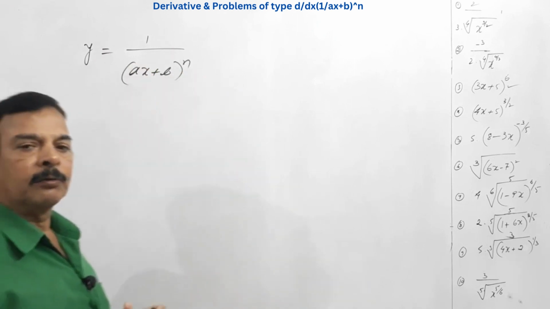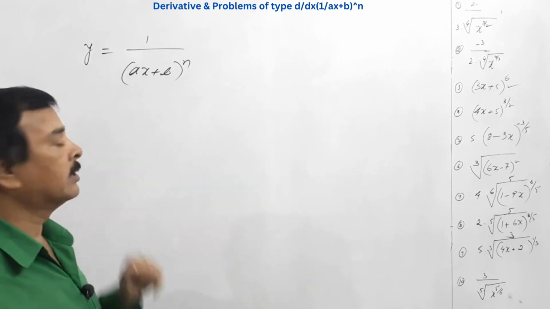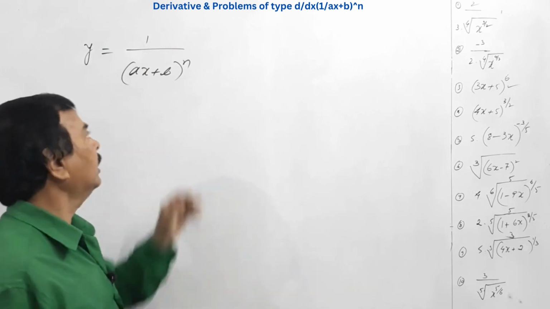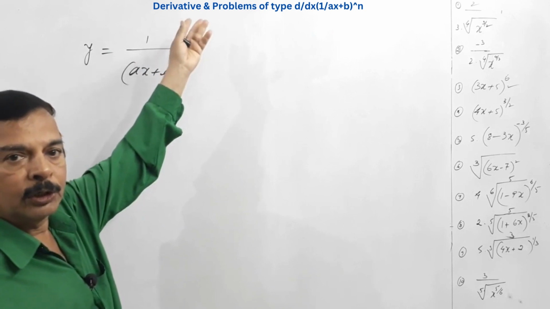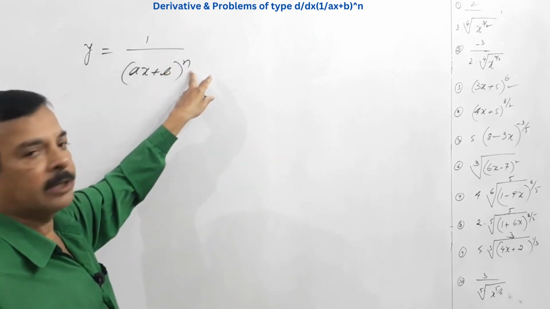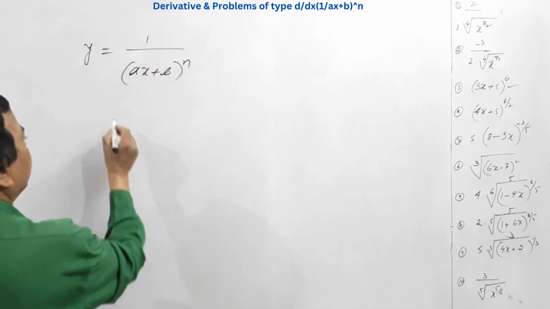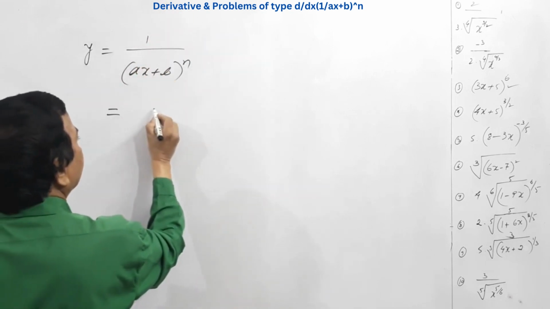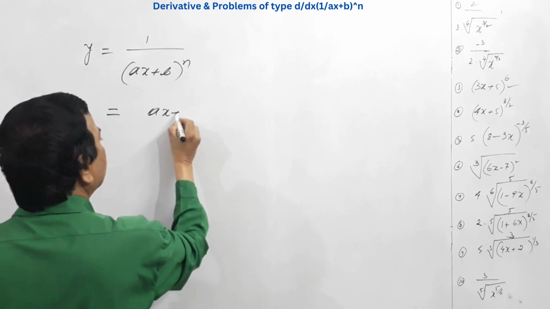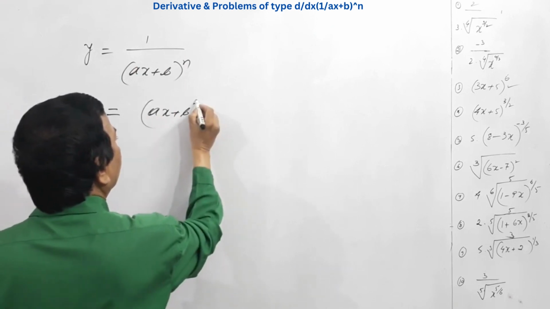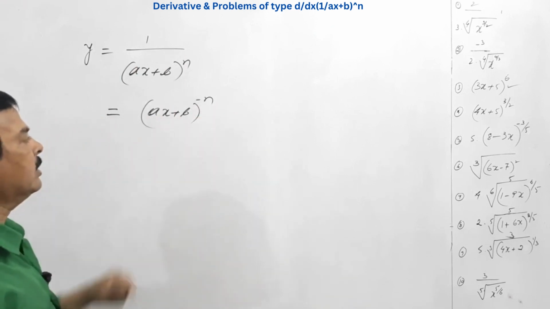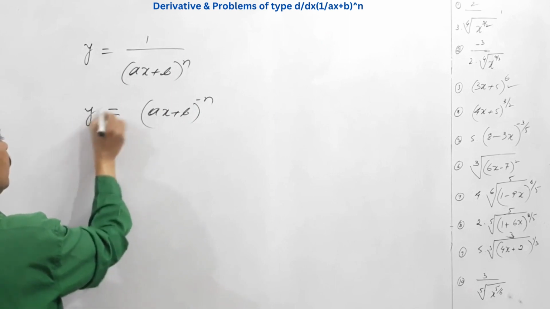So we have to solve this. So what is the solution? As usual, I'll send it to the numerator. Once you send it, whether the sign is positive or negative, the sign should change. So this is equals to ax plus b to the power of minus n. Can I write like this? So this becomes your y.